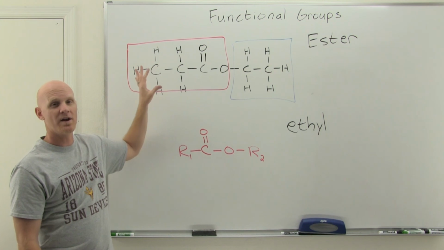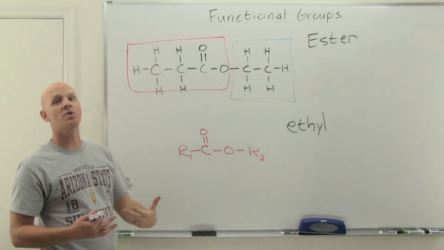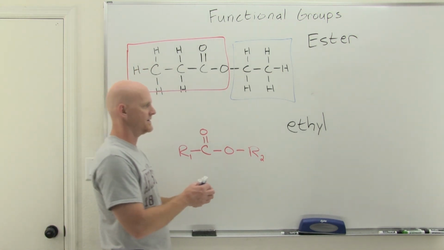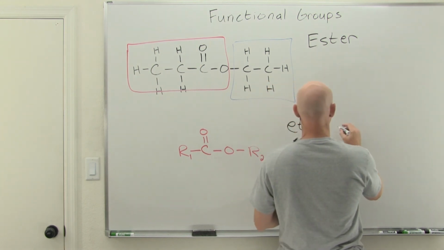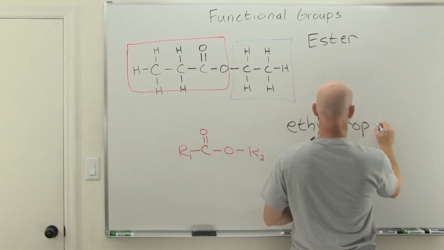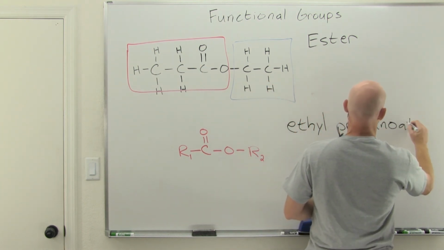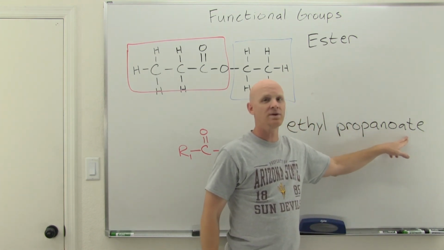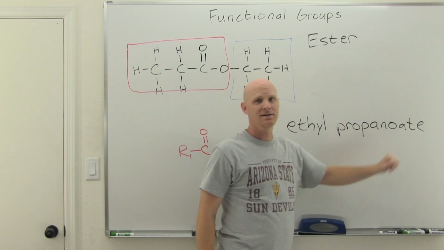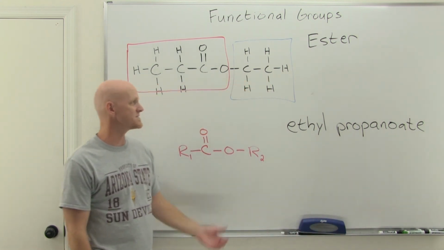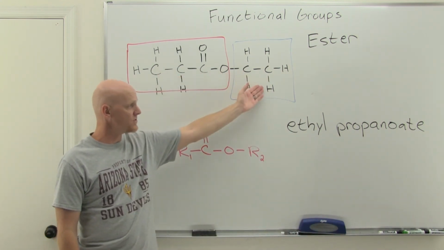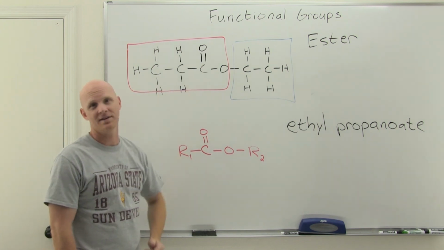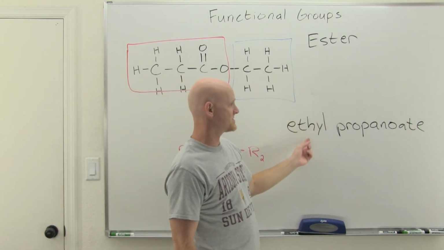Same thing here. We're going to have propanoic acid versus the propanoate ion. And so that's going to be named as propanoate. The ic that was on propanoic acid turns into an ate, and so it's propanoate instead, and that's your second word. And so the name of this ester is ethyl propanoate.